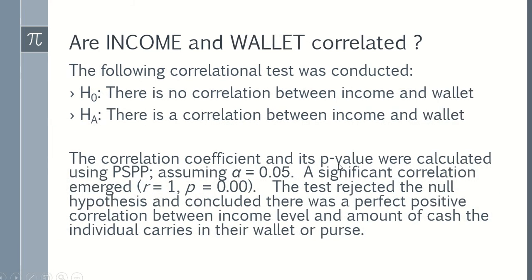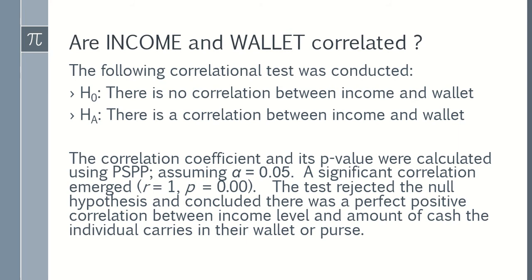Now we look at the correlation between income and wallet, and same as before, the null hypothesis is that there's no correlation between income and wallet. The alternative hypothesis is that there is a correlation between income and wallet.